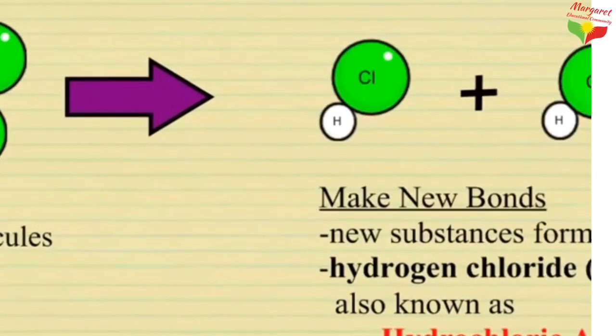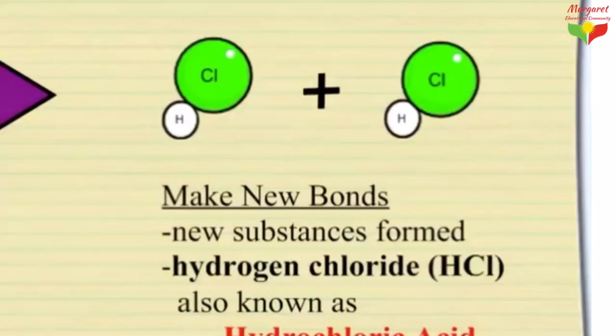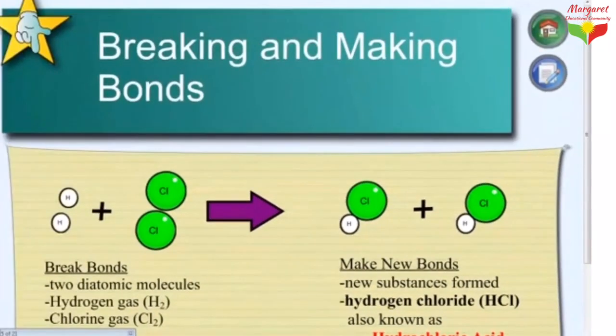The H is going to break away from the other H and pair with the chlorine. So we make totally new bonds, and a new substance is formed: hydrogen chloride, or HCl. It's also known as hydrochloric acid.